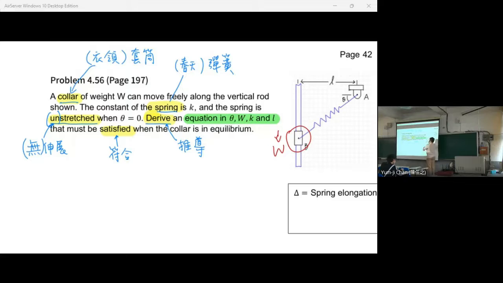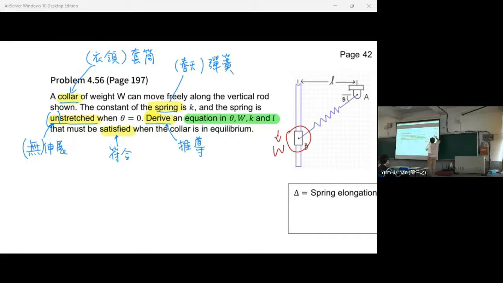But at the same time, the spring has a force going up. Because the spring force is going to the right, the collar will go down, and then at some point it will have a force going this way, and the vertical component of this spring force will cancel out the gravity W. So it will stay there, and when it stays there, it is in equilibrium.